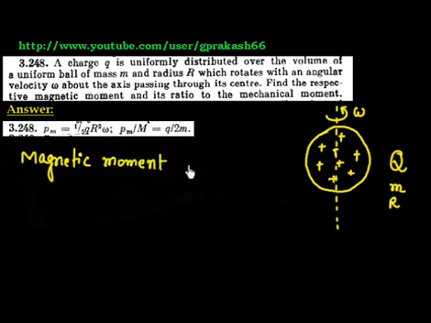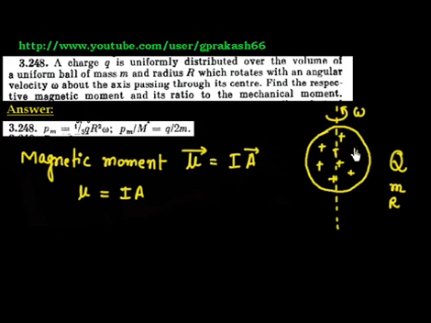How will you proceed? What is magnetic moment? This is basically vector I into A. Right now I am interested in magnitude, so simply mu is equal to I into A. And basically if you see, all these vectors will add.